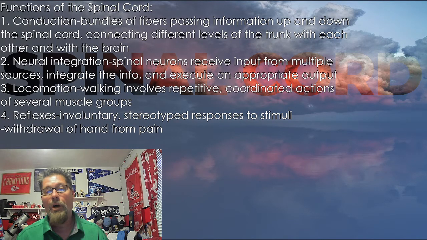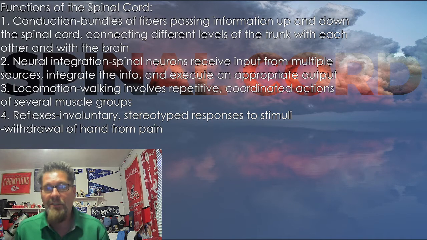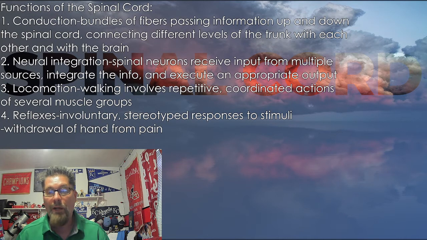Locomotion. Locomotion and reflexes, the third and fourth, those are a lot of similar ideas. We know that when we talked about reflexes, we saw that not only, if you put your hand on a hot object, are you going to pull it away, but there's also the antagonist reflexes to help you to stay balanced, especially when we saw it with the foot.